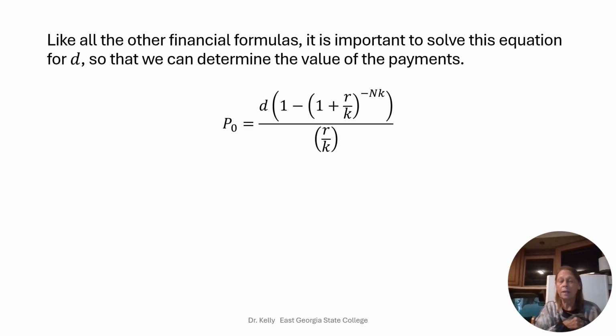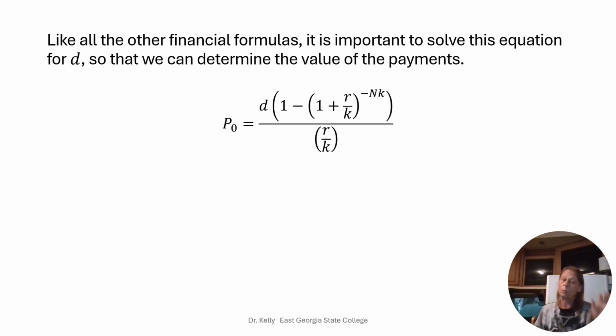Like all other financial formulas, it's important that you're able to solve for different pieces, right? Like we did in the last lecture, we solved for P naught in that compound interest formula, and we solved for D in the annuity formula. And here we're also going to solve for D in the payout annuity formula.